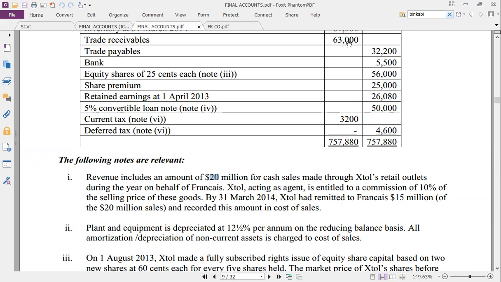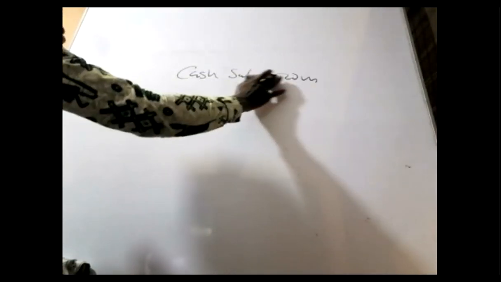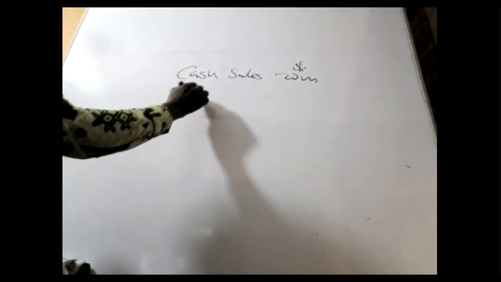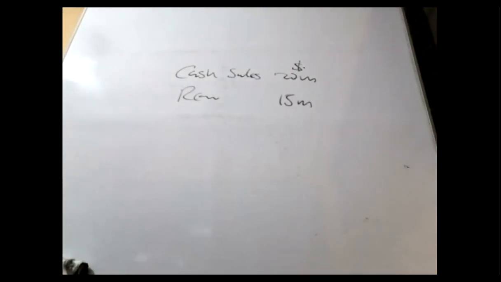So let's go to the board. Now, it's a cash sales of 20 million dollars, and the agent remitted 15 million. Okay.